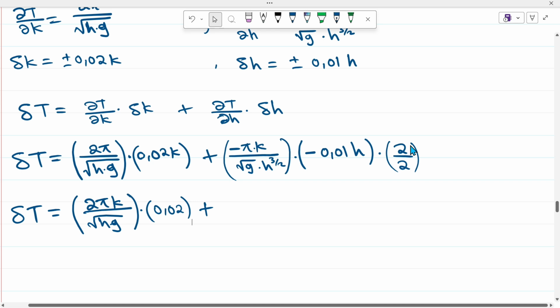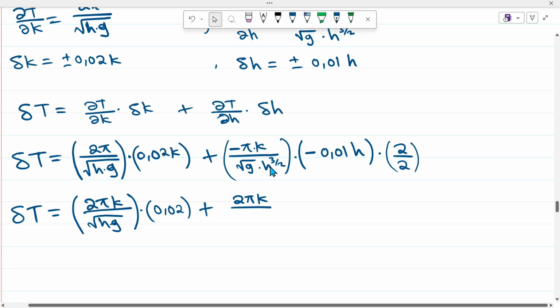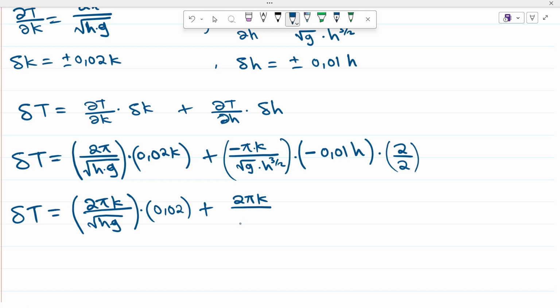So let's take this numerator of 2 to come here. So this will be 2 pi k divided by root of, remember we said when we multiply h with this, we'll end up getting root of h, or h to the power of a half, right? So that root and root multiplying each other will just have one root, and those things multiplying each other inside the root. So this will end up becoming hg, and then just like that.